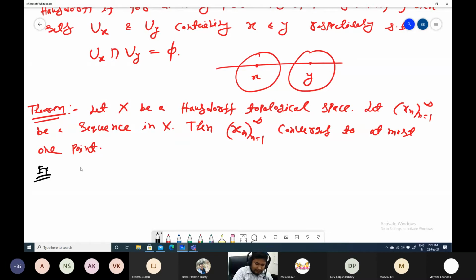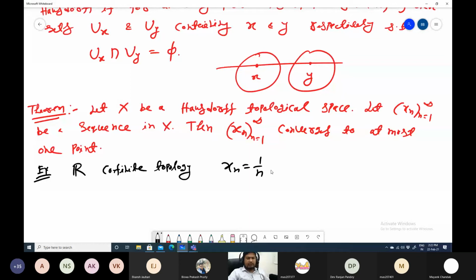if you take R with the co-finite topology and take the sequence xn equal to 1 by n. Now can you tell me at which point the sequence xn converges?